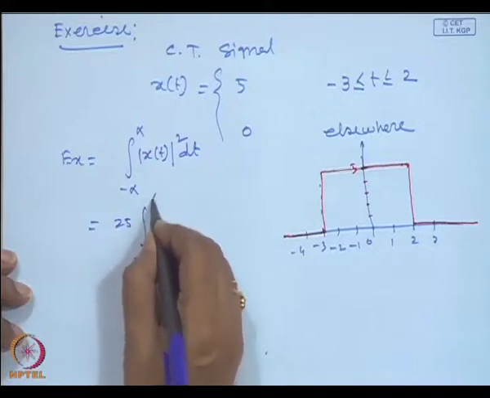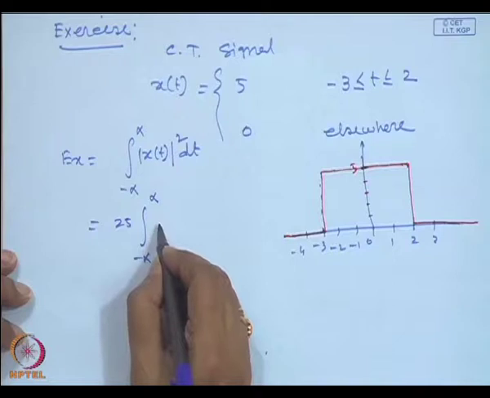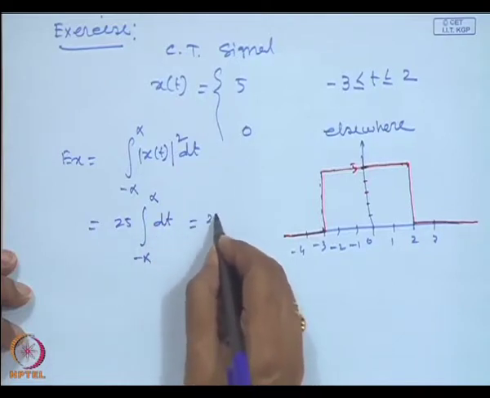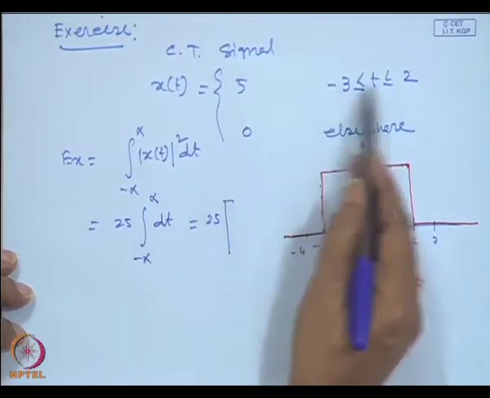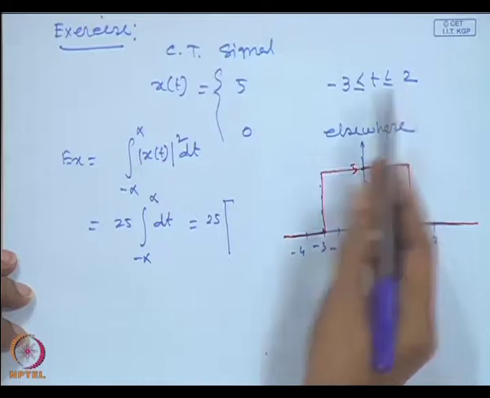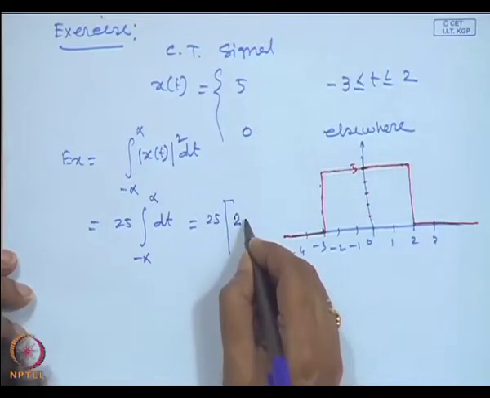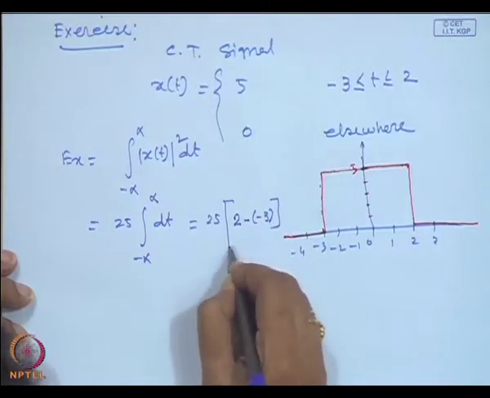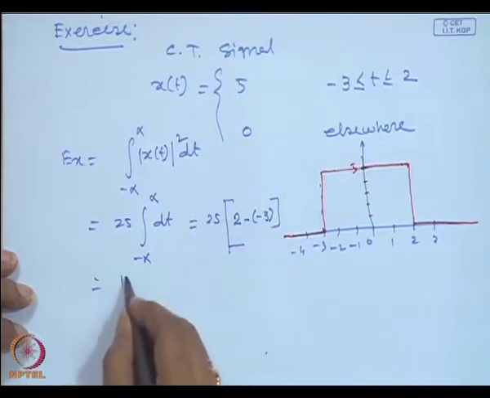integral from minus infinity to plus infinity, then dt. This is 25 times the integral, where the limits are really minus 3 to plus 2. So it is 2 minus minus 3, and this will come to 5 into 25, which is 125.